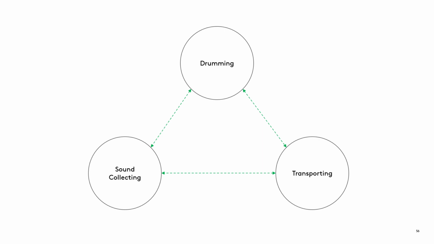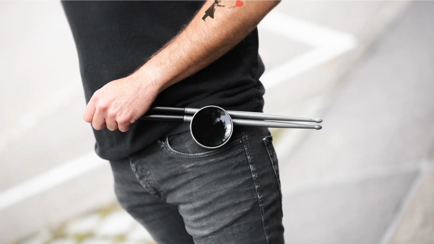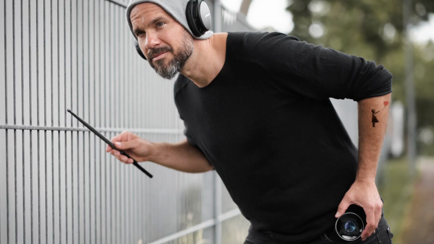Then let's look at the user scenarios one by one. We start with sound collecting. Let's imagine that you want to go out to a new city for a day trip, and you want to collect some exciting sounds. You can simply detach the drum module and the drumstick, click on the belt, and you are ready to go.